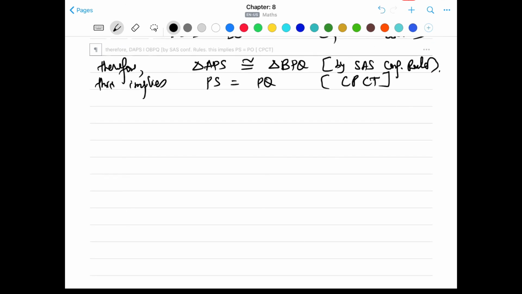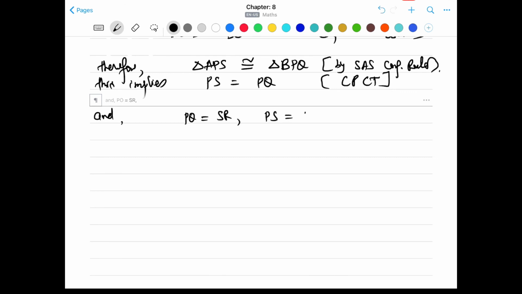So therefore, PQ is equal to SR and PS is equal to QR, which are the opposite sides of the parallelogram.